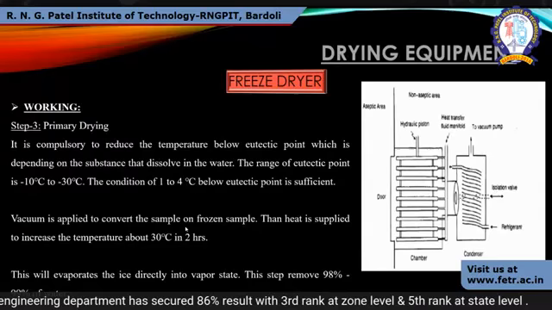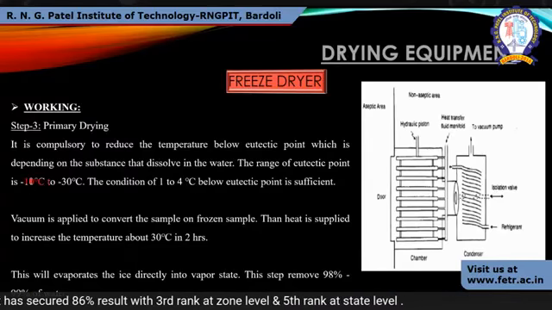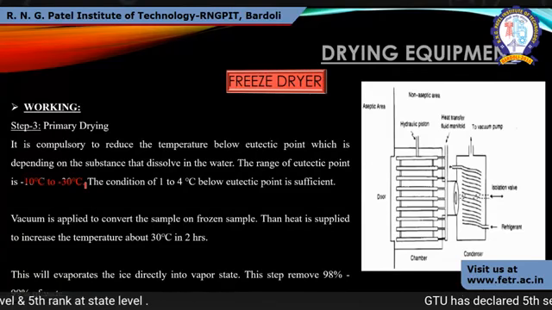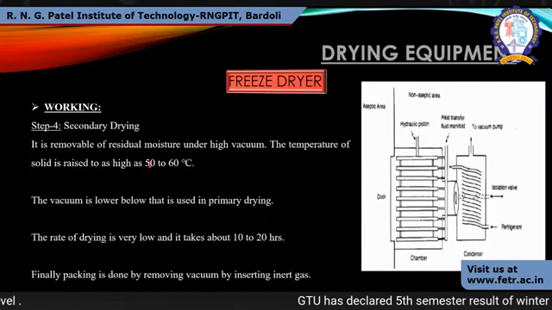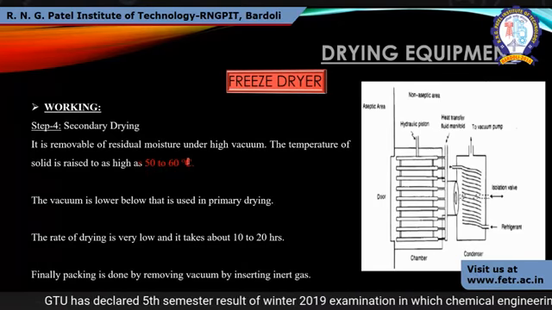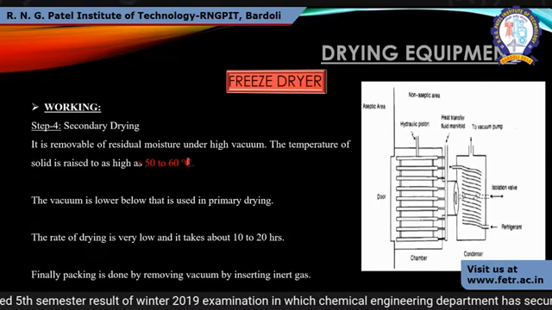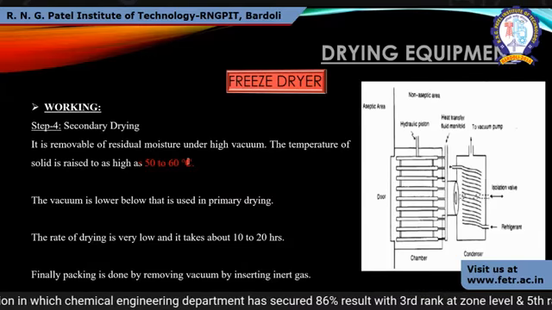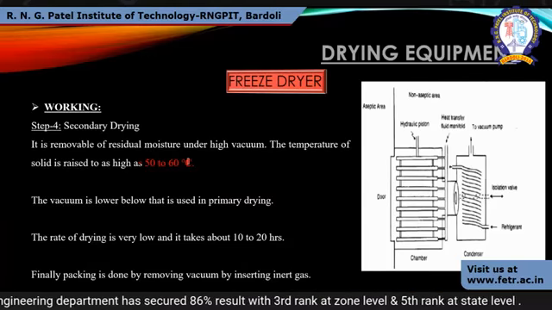In primary drying, we take the temperature of -10 to -30 degrees Celsius, and then for further drying we increase it to 50 to 60 degrees Celsius, right? This will give complete drying of the ice or the water available in the mixture.